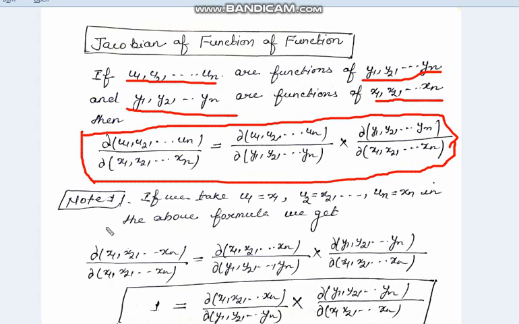Here it is noticeable that if we take u1 equal to x1, similarly u2 equal to x2 and un equal to xn, in the above formula we put u1 equal to x1, u2 equal to x2, similarly here, and its value will be equal to 0. It will be cancelled out. Sometimes we also use this formula in place of this one.